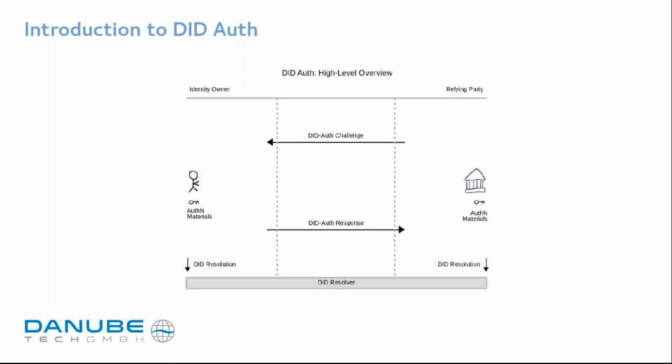We construct this response based on, for example, the private key that we control. The private key has a corresponding public key which the relying party can discover from the DID document, and therefore the relying party can validate that the response was indeed constructed by the identity owner who controls the DID.